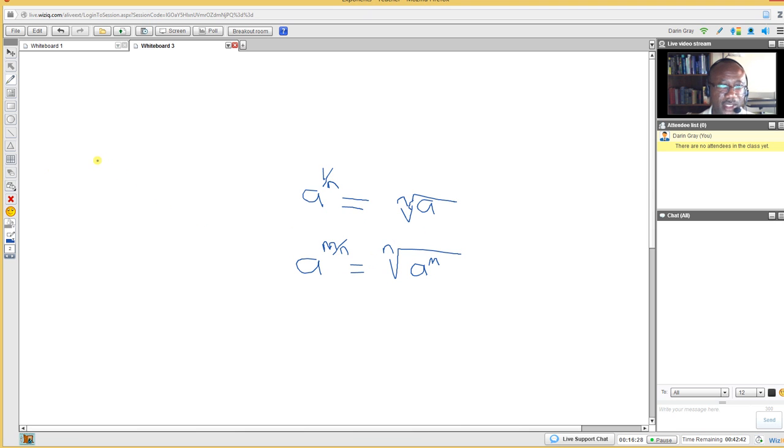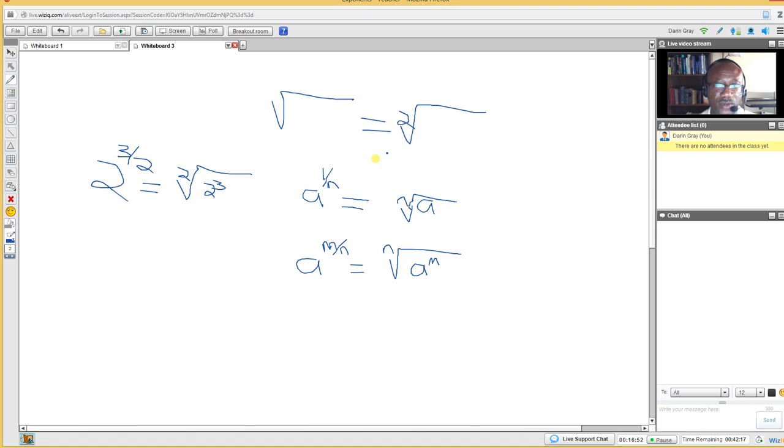So let's look at our handy dandy 2 raised to the 3 halves. This will be the second root, or the square root of 2 to the 3rd power. And just for clarification, for the square root we don't usually write anything here, but that's actually equal to the second root.